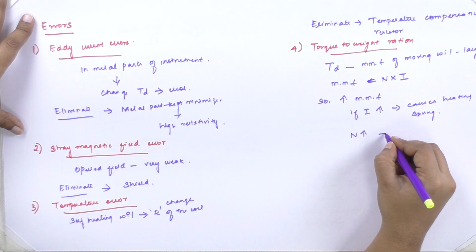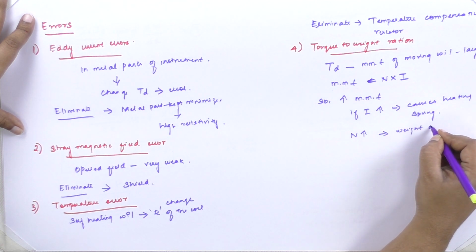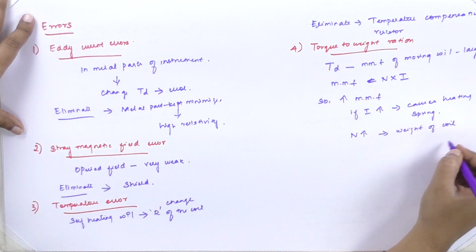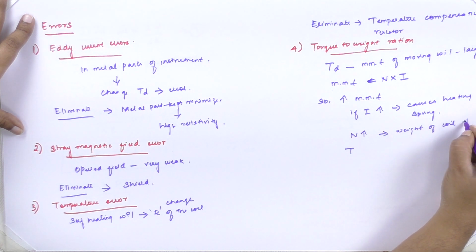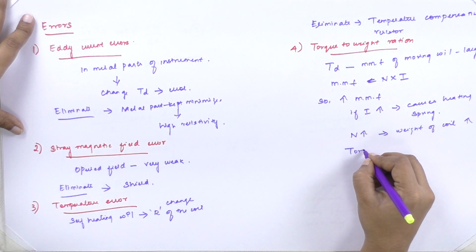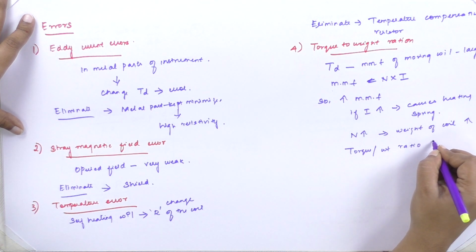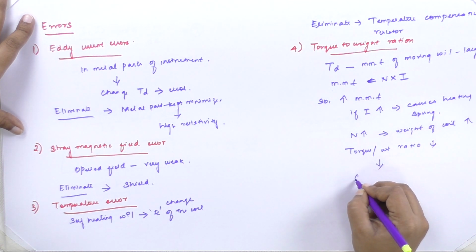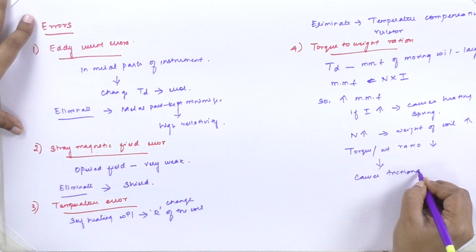If you increase the number of turns, the weight of the coil increases, so the total system weight will be increased. So the torque to weight ratio is decreased, and this causes frictional errors.